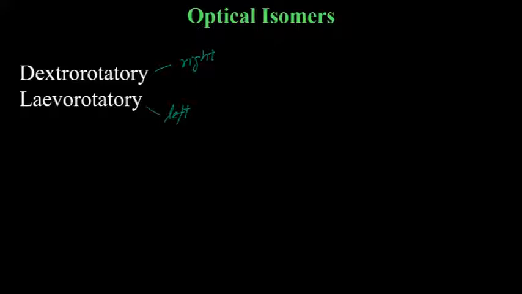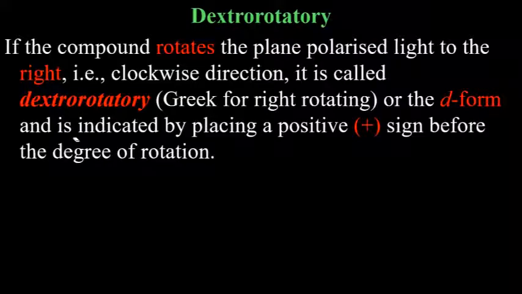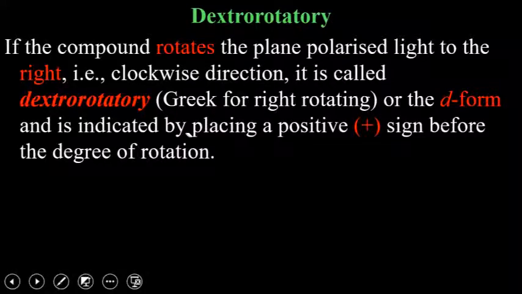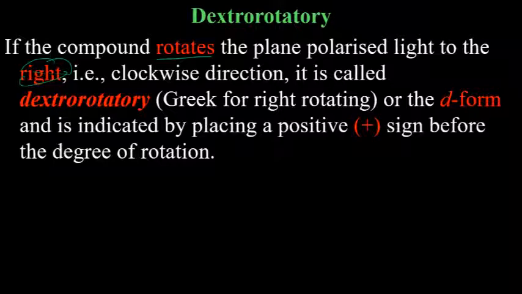In British English, it is laevo. In American English, it is levo. But the pronunciation is the same, levorotatory. So if a compound rotates the plane polarized light towards right, it is dextrorotatory, Greek for right rotating. That's actually a Greek word.